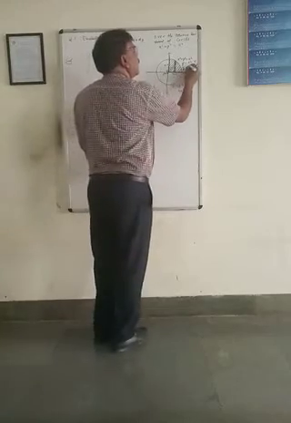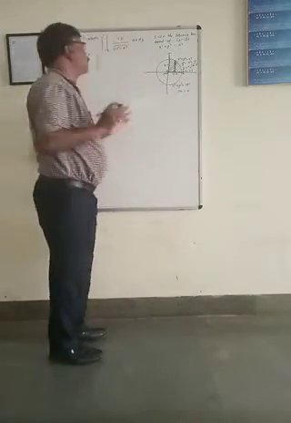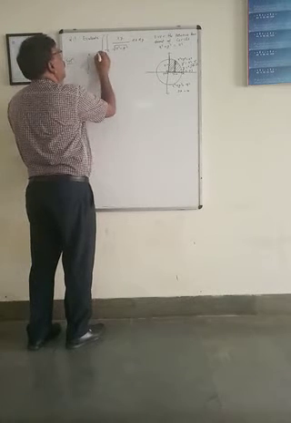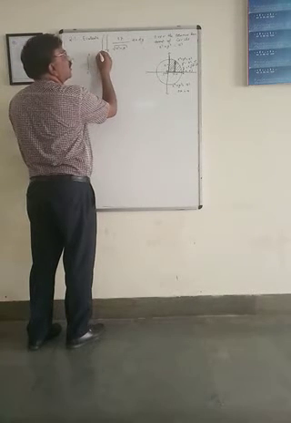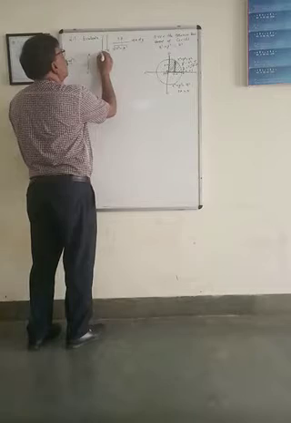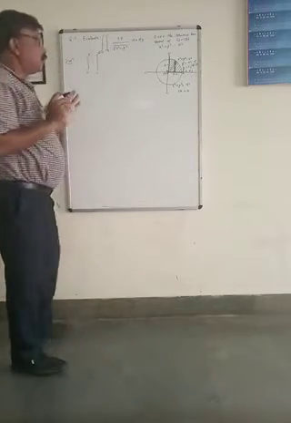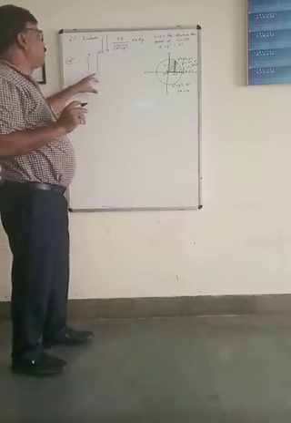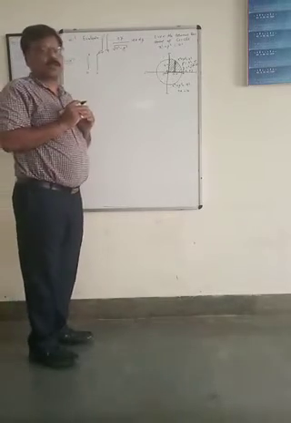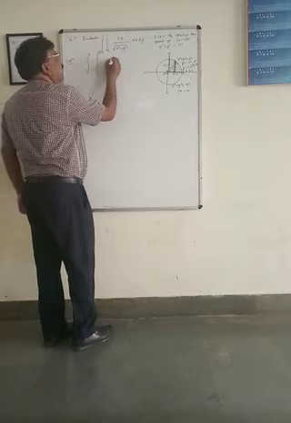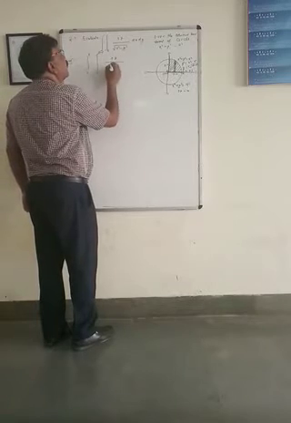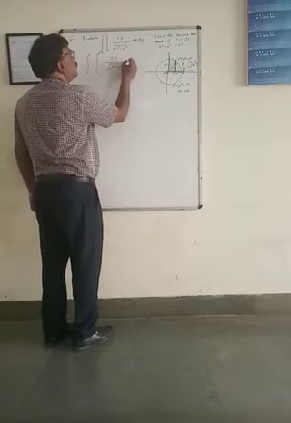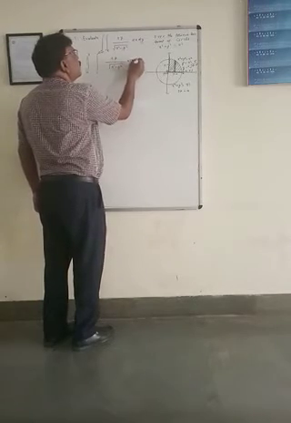So the limit of y is 0 to under root a square minus x square, and the integrand becomes xy upon under root a square minus y square dx dy.